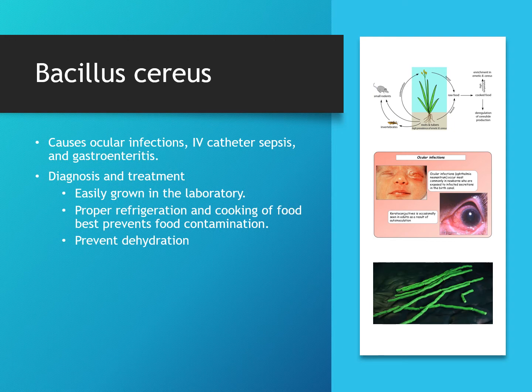So Bacillus cereus, seriously, it is an opportunistic pathogen, and it is responsible for causing eye infections, as well as it likes to attach itself to IV catheters. It can also be ingested and cause GI issues as well.